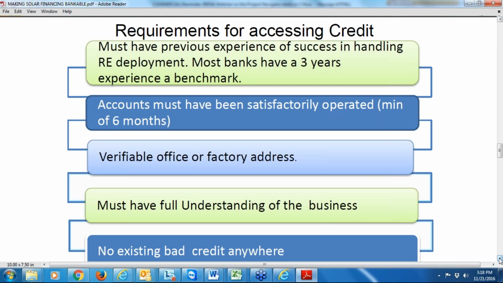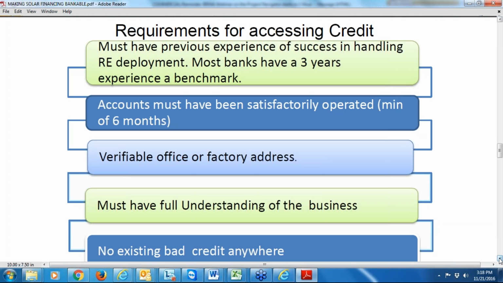So, first thing is this: let there be a record of success. If you don't have that record of success, tie up with someone who can give that experience and assurance to the bank that you have a record of success. That is absolutely important. Another issue is you must also ensure that you maintain a relationship with the bank.